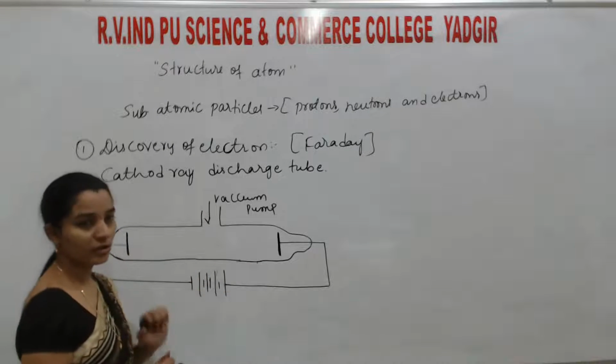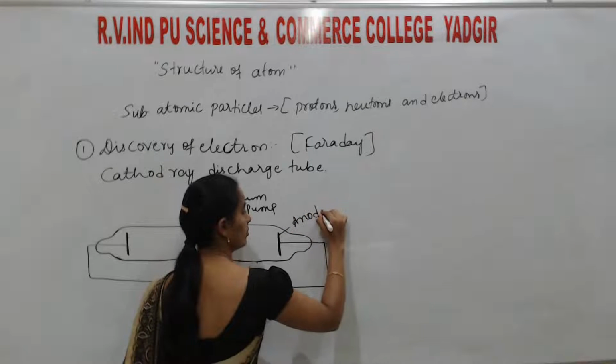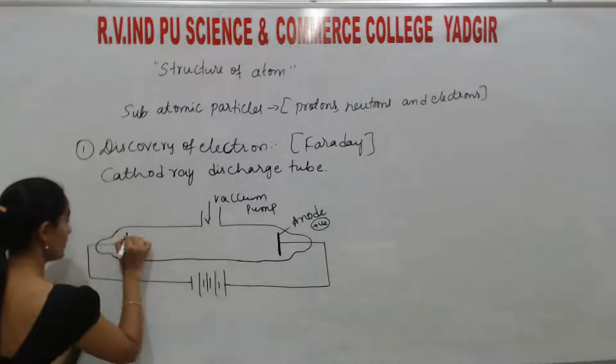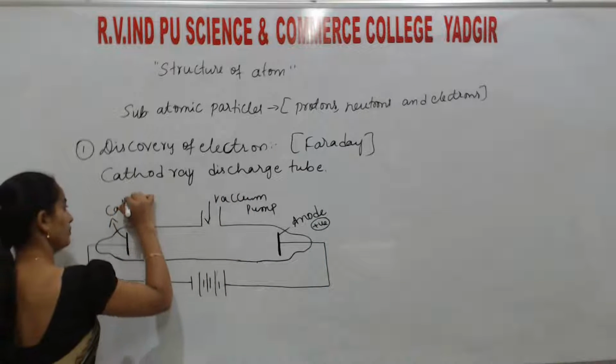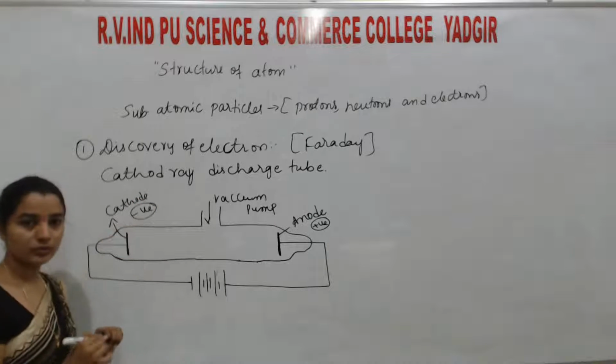These are externally connected to a battery. And this one is the anode, charge is positive. And this one is the cathode, charge is negative.